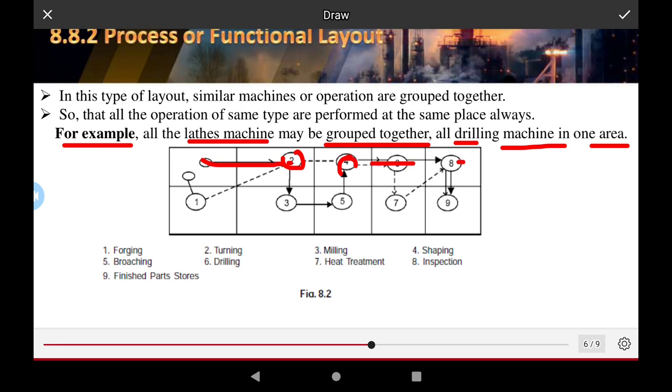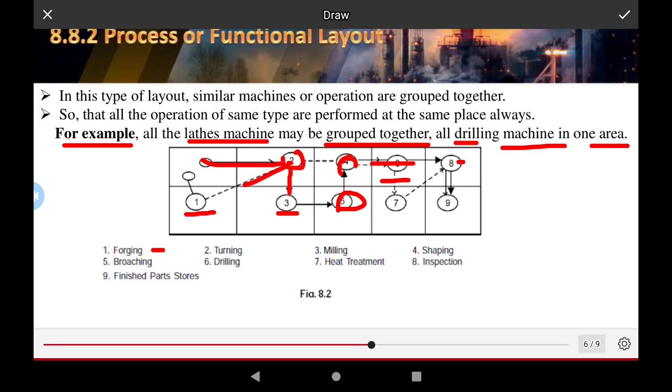The first operation is the forming operation, and the second machine is the turning operation machine. The third is the milling operation, and the fourth machine is also used in the shaping process. The fifth machine is the broaching operation, and the sixth machine is used for the drilling operation.